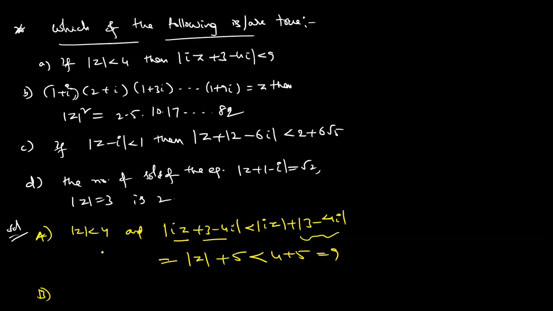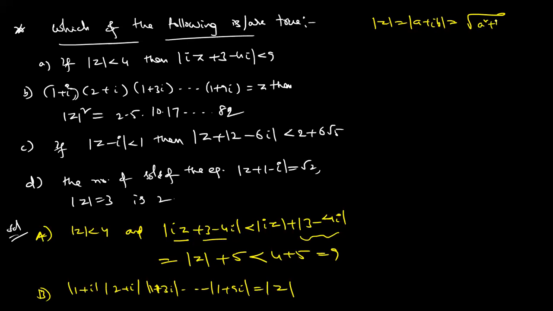Option A is true, dear students. What about B? So simple, apply modulus directly. 2 plus i, 1 plus 3i, and so on, 1 plus 9i is equal to mod z. Mod z, if z is a plus ib, what is the formula, anyone? Root over a square plus b square. So here also, how much is coming?